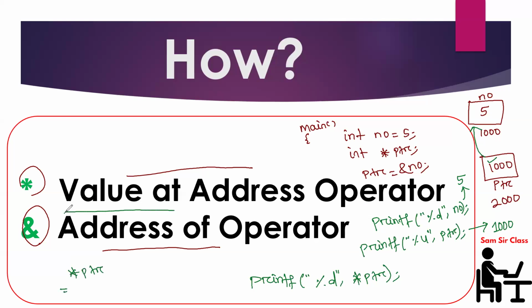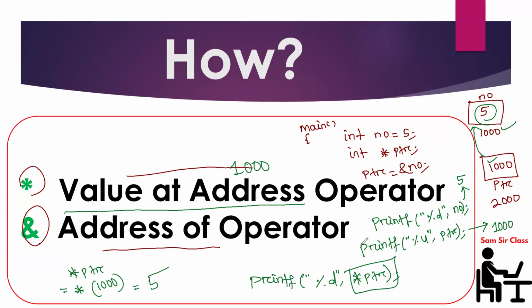It means the value at address operator. So ptr is 1000, and star 1000 means value at 1000. So what is the value at 1000? The value at 1000 is 5. So this is the use of my star operator.